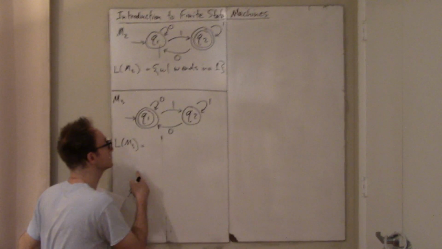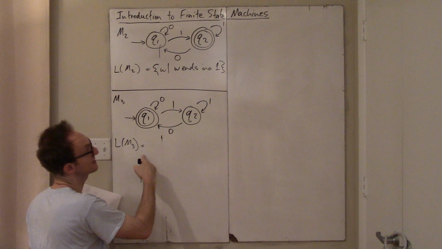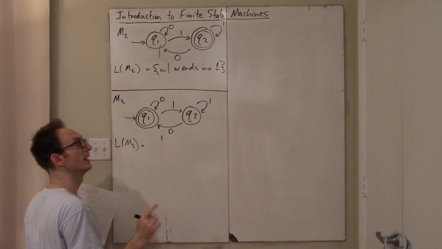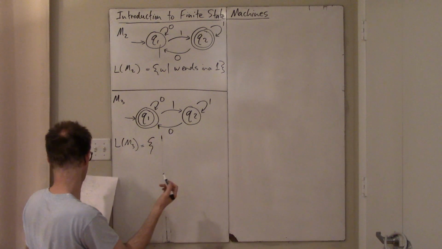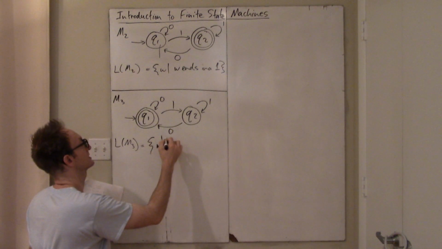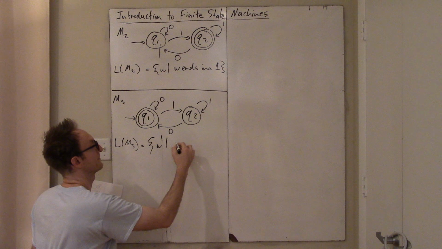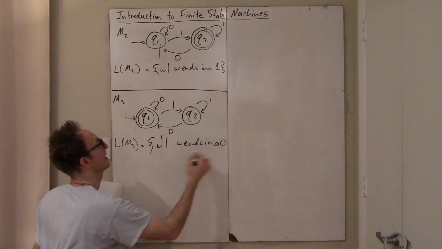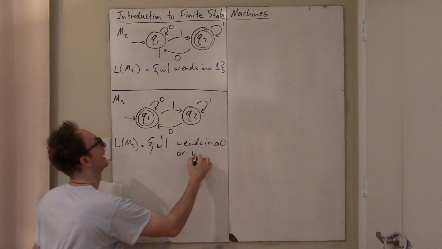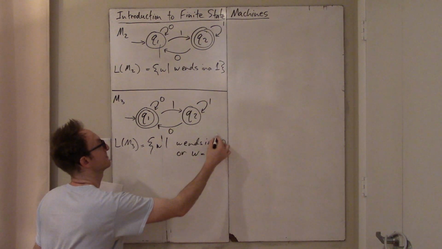So the language of M3 is any string that ends in 0, but also this machine accepts the empty string. So I guess I just write that, right? So it's all the strings W such that W ends in a 0, or W is in fact just the empty string.